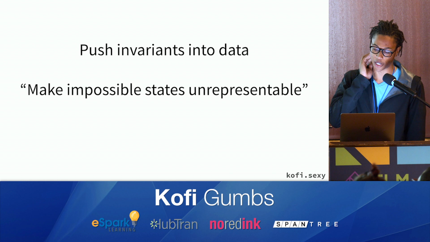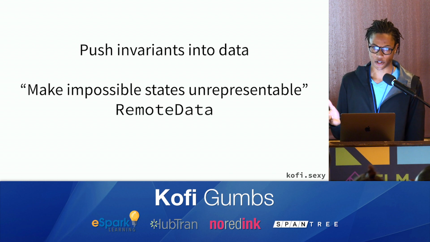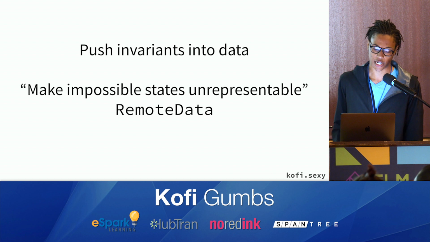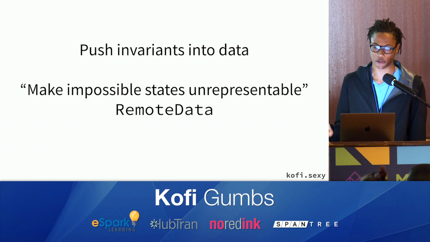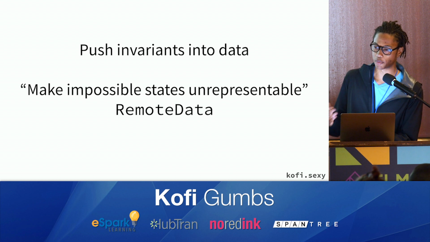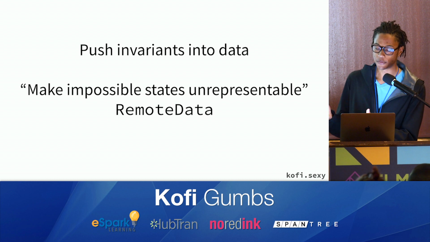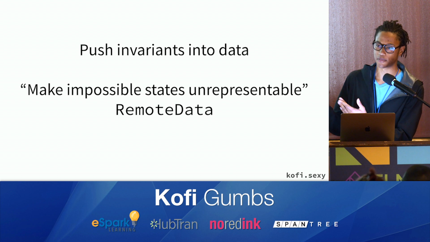I think it was at the first Elm Conf where he gave this talk. The remote data pattern also, I think, came out of an Elm conference talk. I'm not sure which one. But the basic idea is that whenever you're making an API request from your front end, you generally will have 4 states that that request is in. You either have not asked yet, you are in the process of waiting for the server to respond, the server has responded maybe with something that you did not expect, or hopefully the server has ultimately responded with something that you did expect.